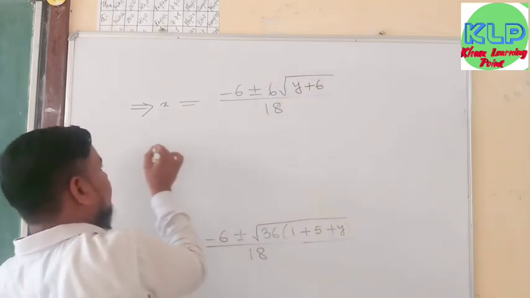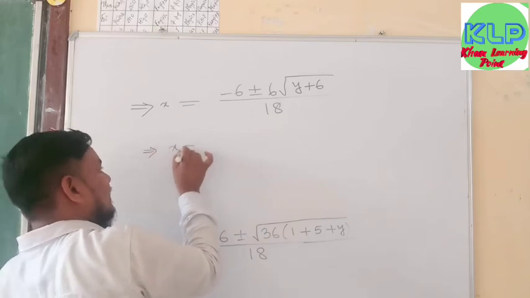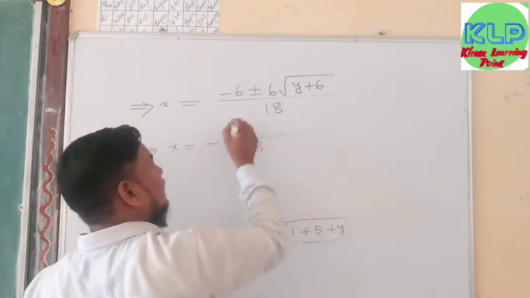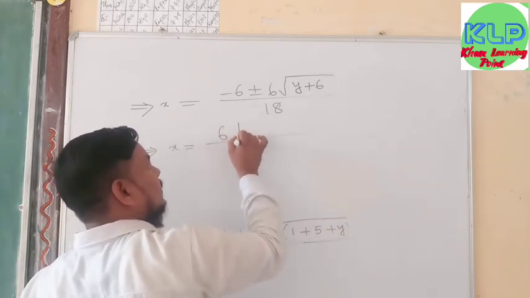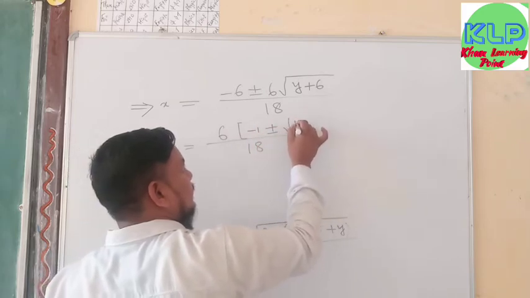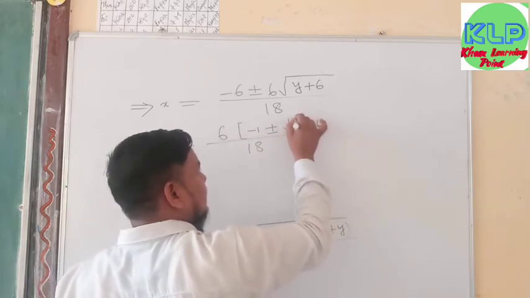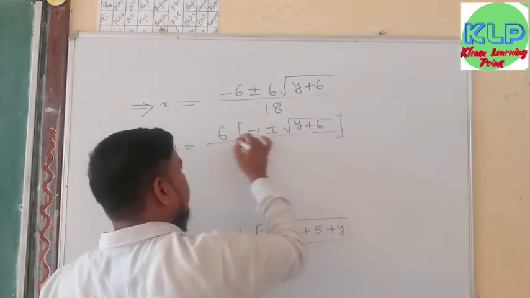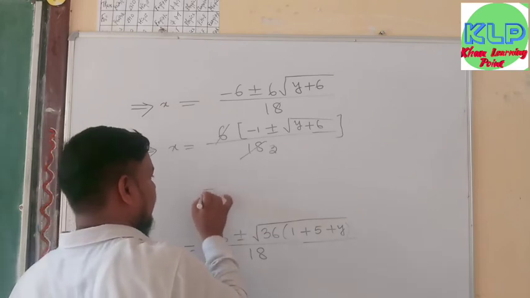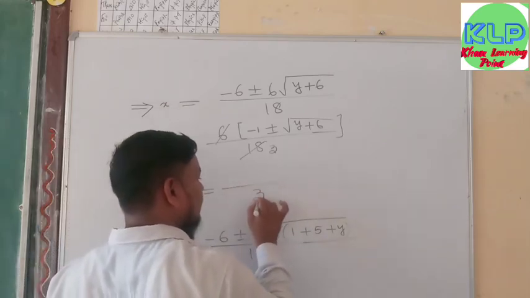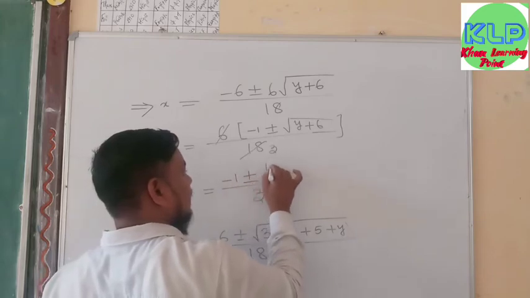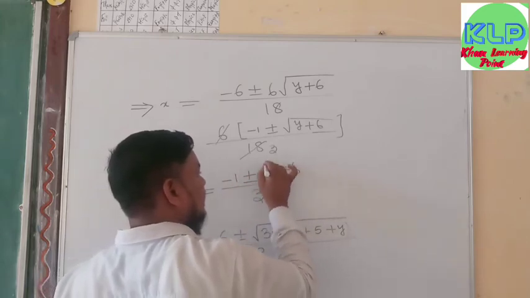Okay, so x is equal to, this is 18, here 6 is common, taking 6 common, minus 1 plus minus root of y plus 6, 6 3s are 18, therefore here will be 3, minus 1 plus minus root of y plus 6.